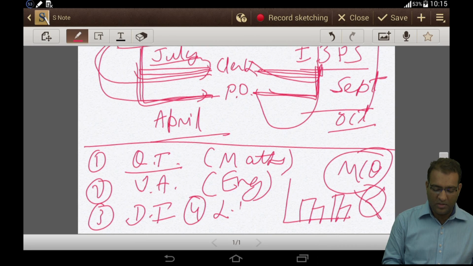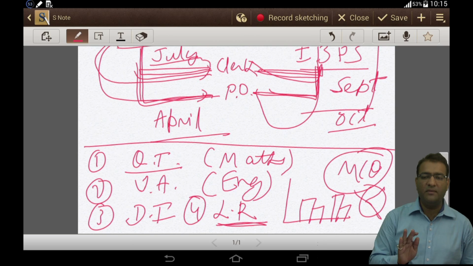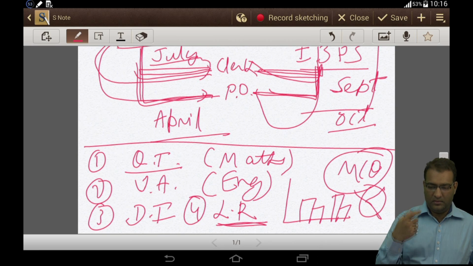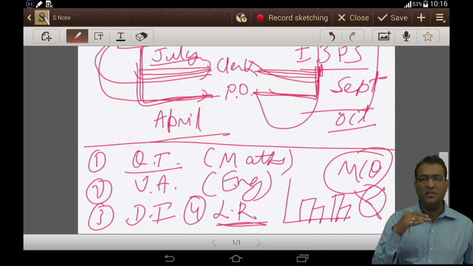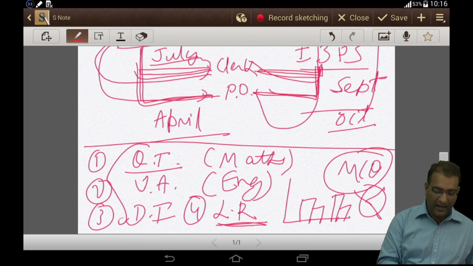Number 4 is logical reasoning. This is something new for all of you guys, right? Logical reasoning we'll have to do. And there's number 5 also, which is computer knowledge and general awareness. But the marks for this specific topic, computer knowledge and general awareness, are a little less. And secondly, to be honest, it is not scoring also. It is very difficult to score in that subject specifically.